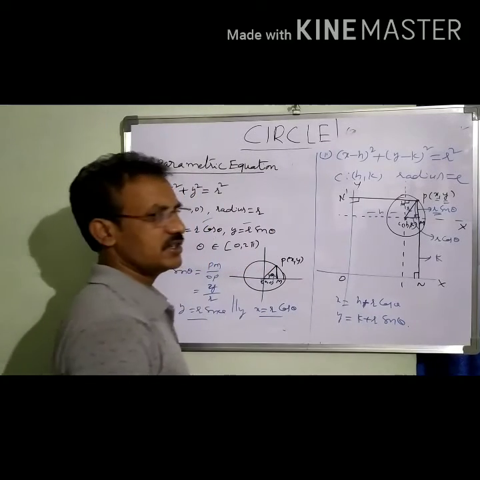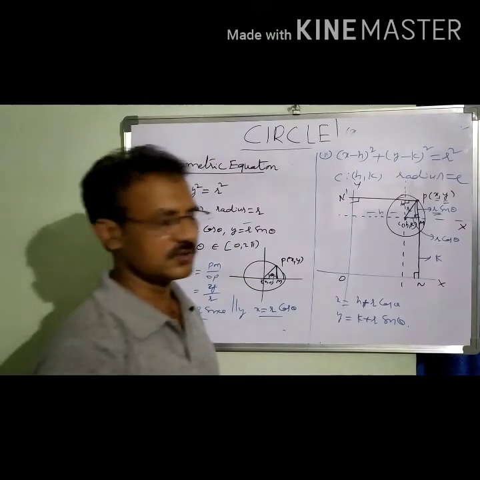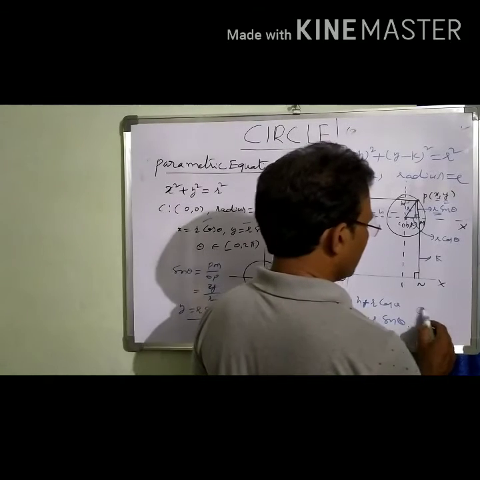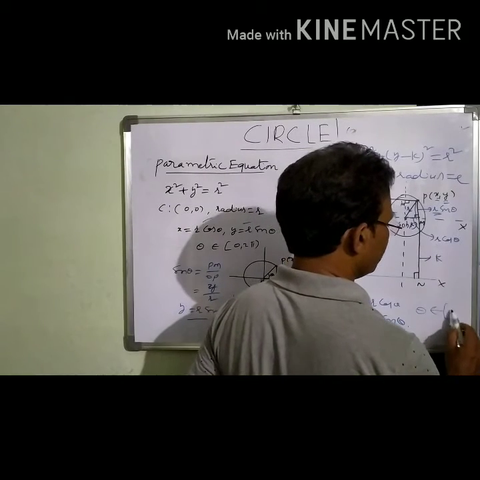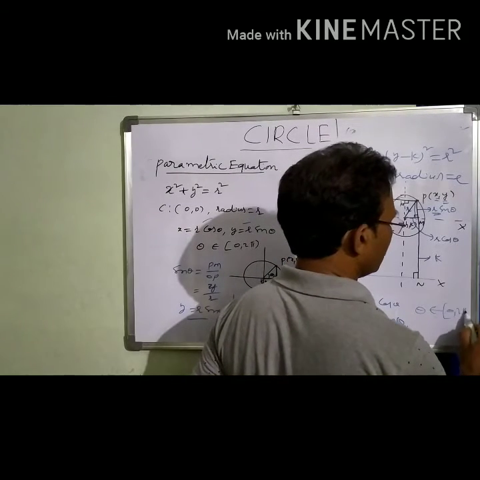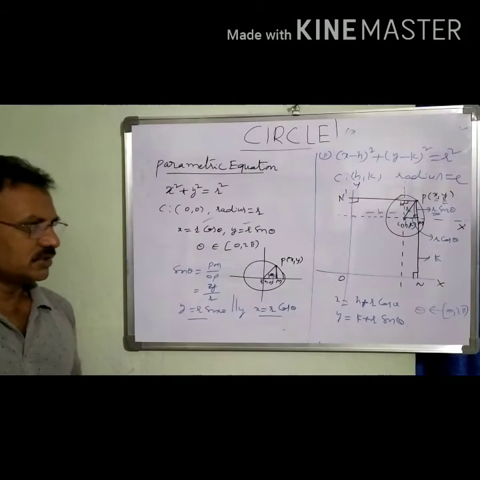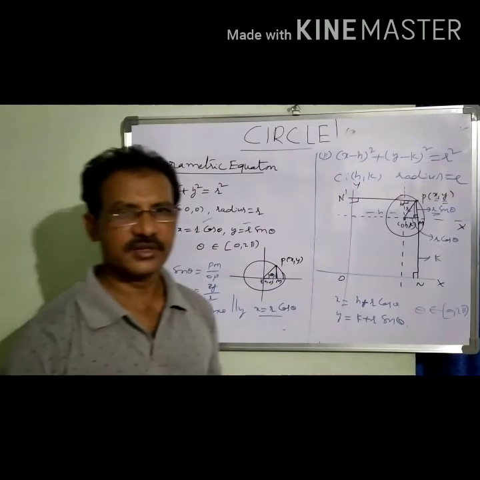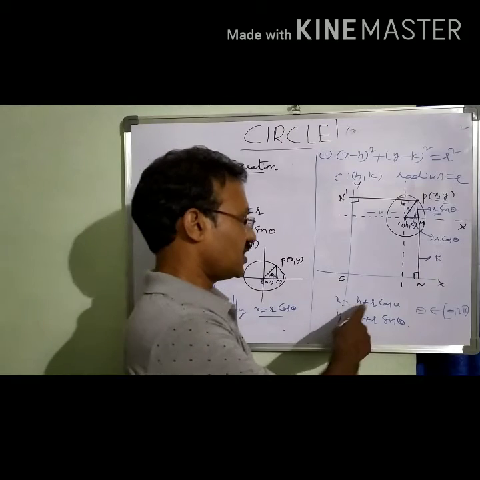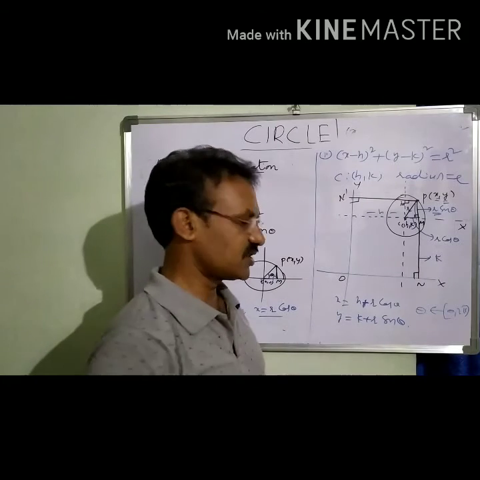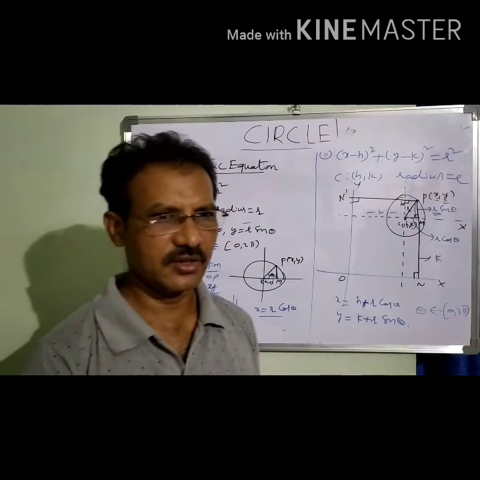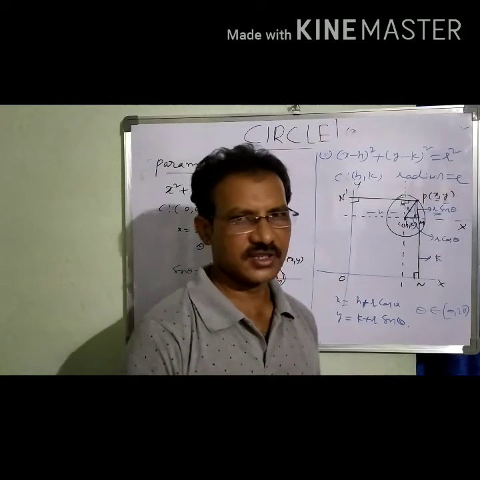I think you have already listened to this topic, so we can move forward. For the interval 0 to 2 pi, this is also a parametric equation. Here one thing we have to observe: if you write x is equal to h plus r cos theta and y is equal to k plus r sin theta and leave it alone, we cannot say that it is a circle.